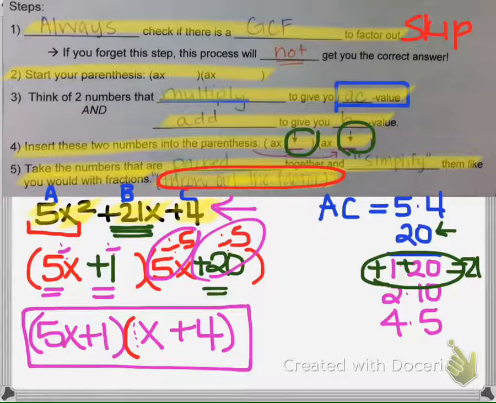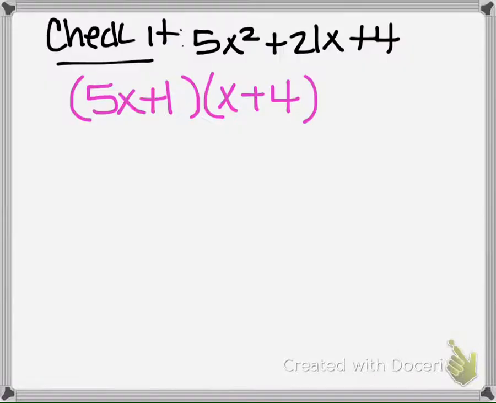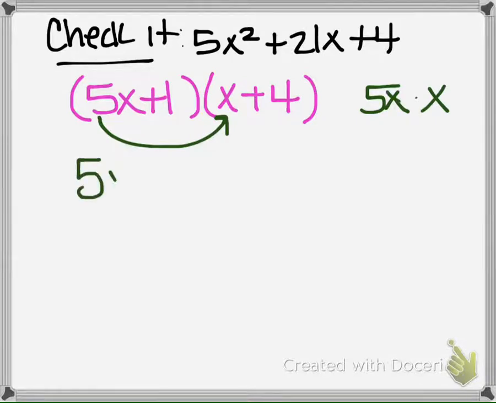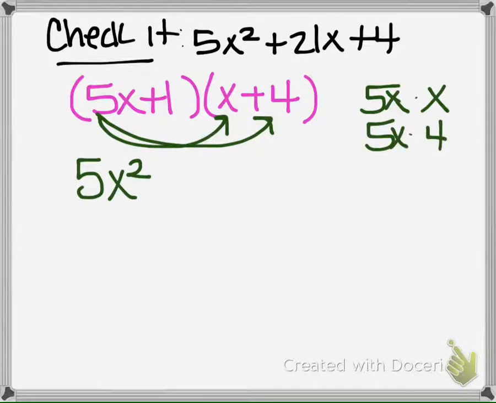So let's check and see if this works. The 5x plus 1 times the x plus 4. If we multiply this out and we get our original polynomial, that's how we know that this method works. Then we have a 5x times 4 here, which is 20x.